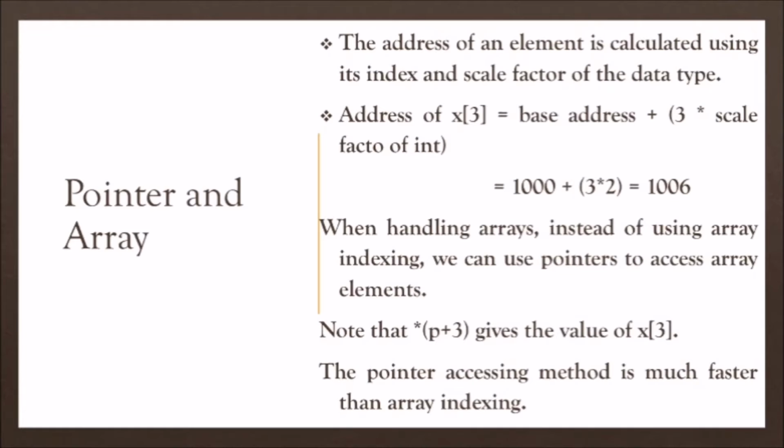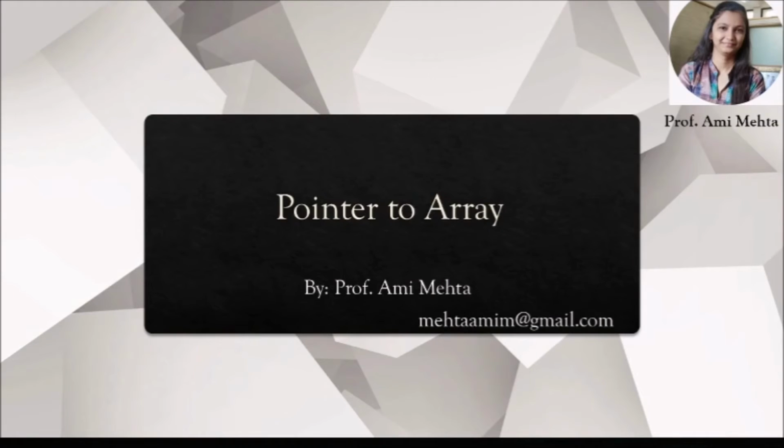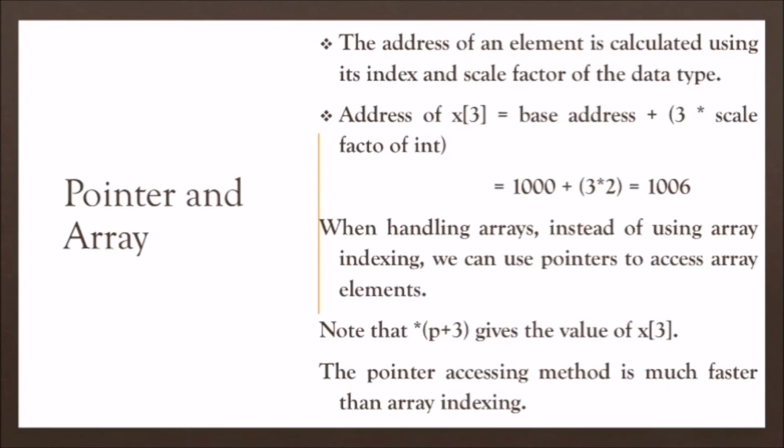So *p gives the value of that particular variable, and *(p + 3) gives the value of x[3]. The pointer accessing method is much faster than array indexing because we can directly handle the address. That's why pointer access is faster than array indexing.